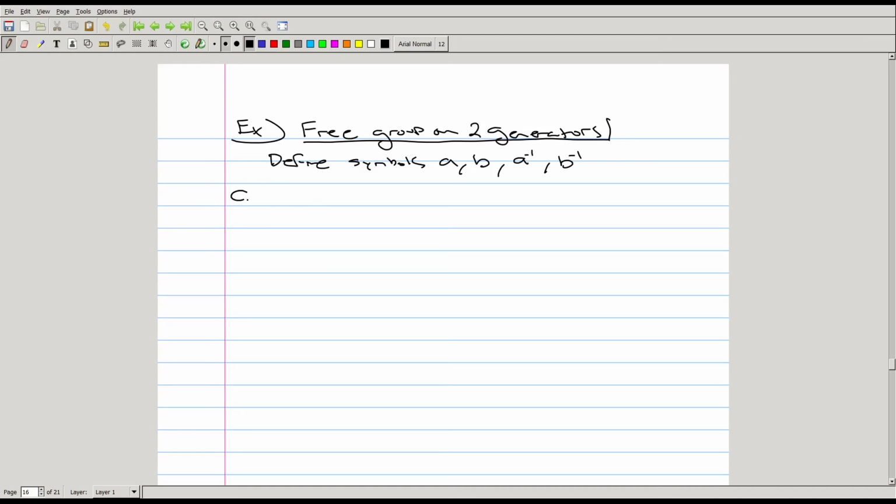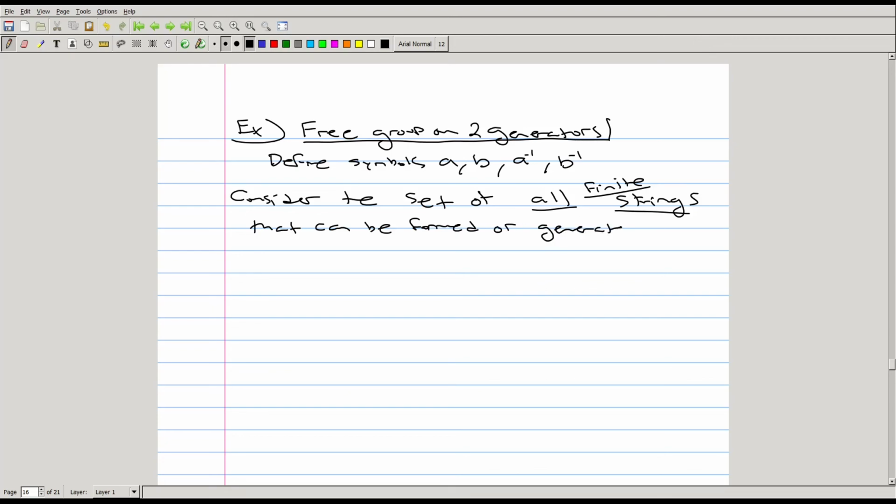And we consider the set of all finite strings that can be formed or generated by these symbols. These finite strings can also be called finite words.